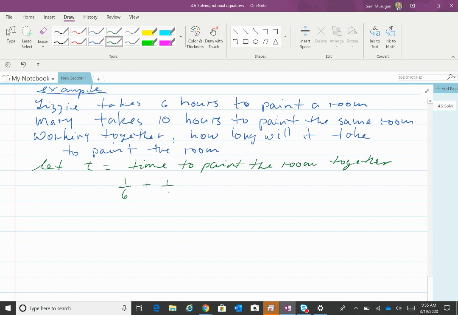Mary will paint 1/10 of the room. So the whole room would be in t hours times 1 is the amount of space in the room that will be painted. So we need the LCD of 6, 10 and t. The LCD of 6 and 10 is not 60, it's actually 30, because 30 is the lowest number that you can divide both 6 and 10 into.